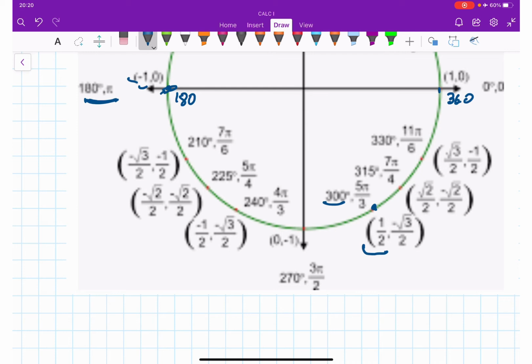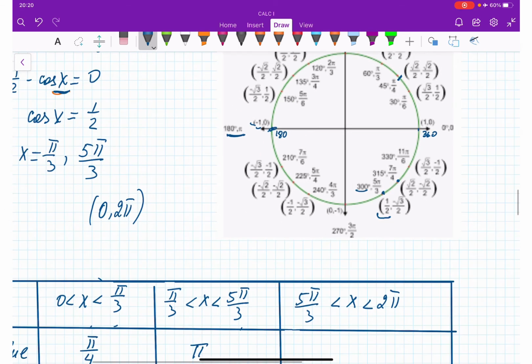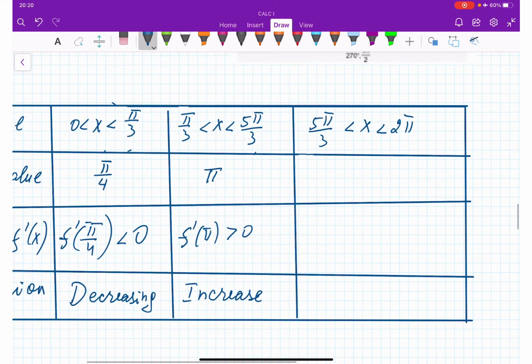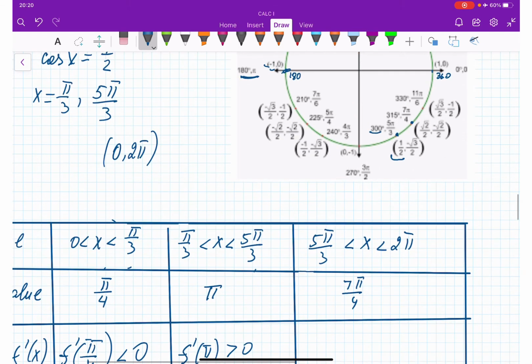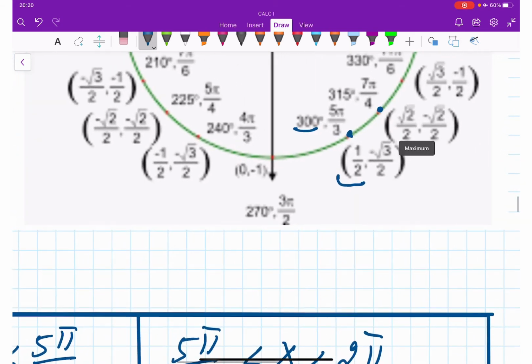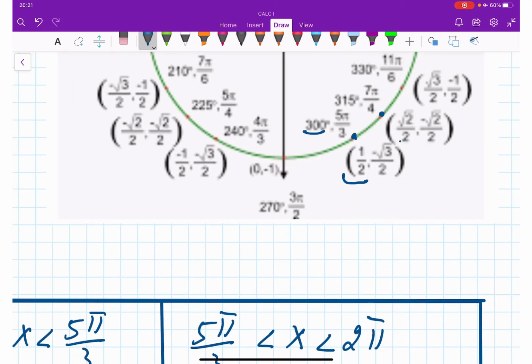So in between, taking this point, 315 degrees, 7 pi over 4. Okay, let's do that. So how much is cosine of 7 pi over 4? It is square root 2 over 2.